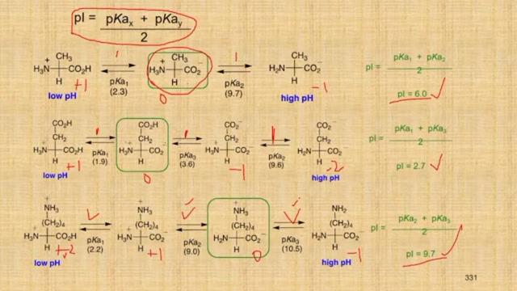So if you look at this trend, what can you say? Because there is a certain confusion that the pI is calculated by pKa1 plus pKa2 divided by 2, which is wrong.